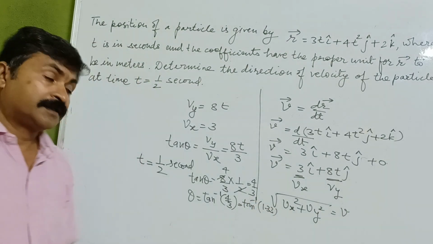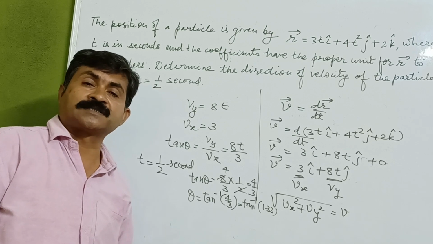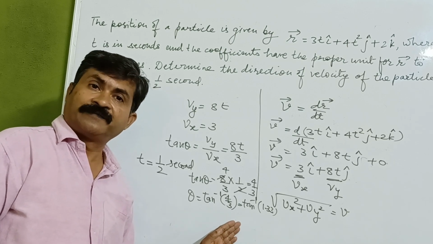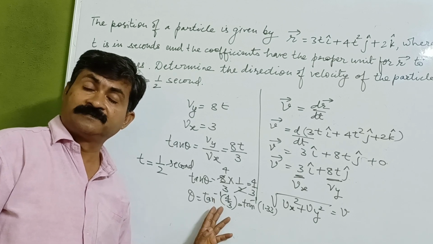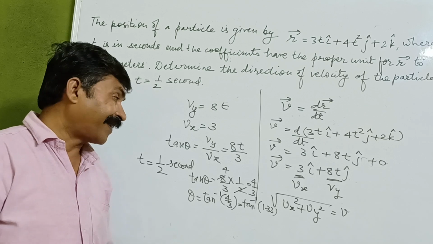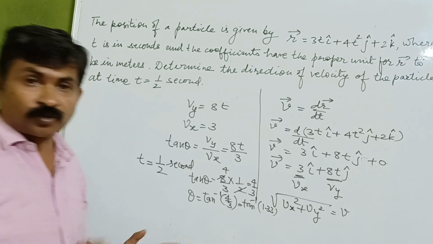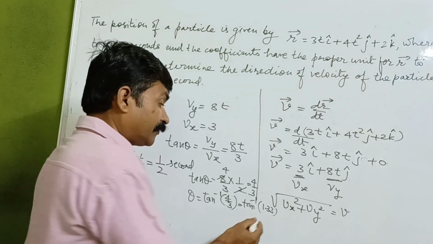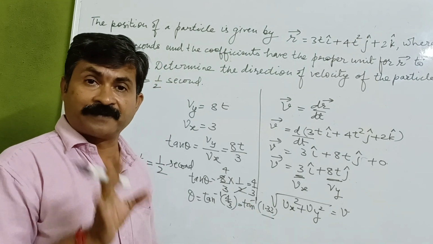Or we can say tan inverse 1.33. Now 1.33, we know that tan 45 is 1, so tan theta is 1 if theta is equal to 45, and tan 60 we know is root 3. So root 3 means 1.732, and we are getting 1.33, which means the value will be lying between 45 and 60.